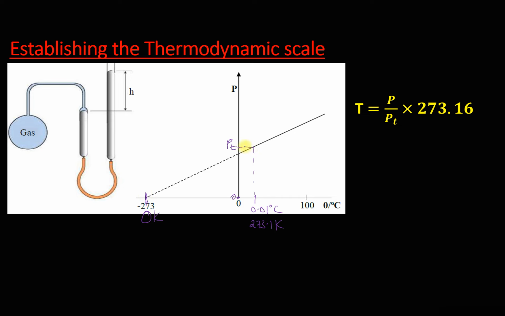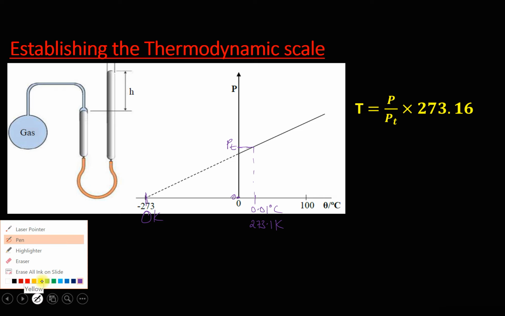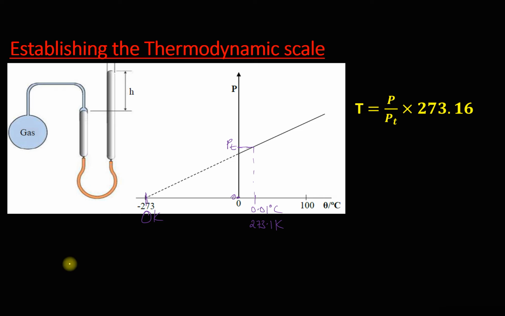I can still use the gradient to establish an expression for determining the unknown temperature on the Kelvin scale. So let me say the unknown temperature is here. Let me call this one T, the unknown temperature, and the property is the pressure P of the unknown temperature.